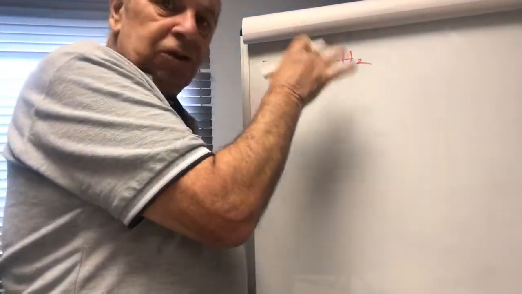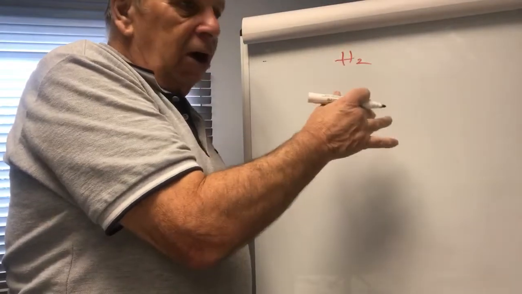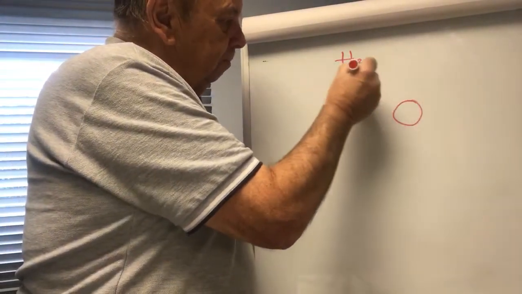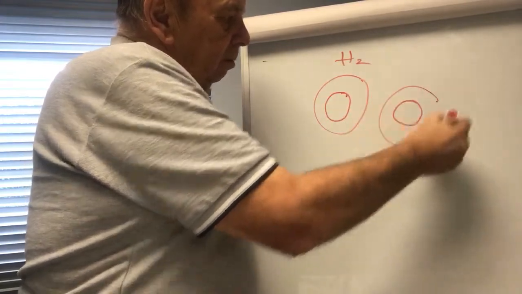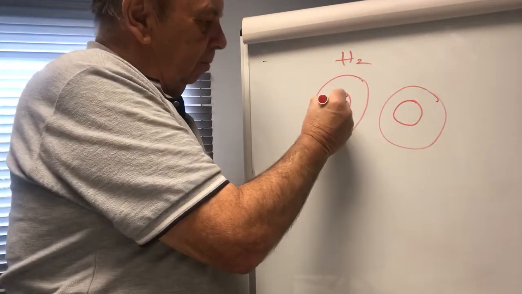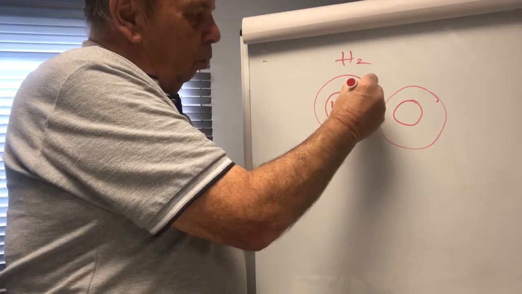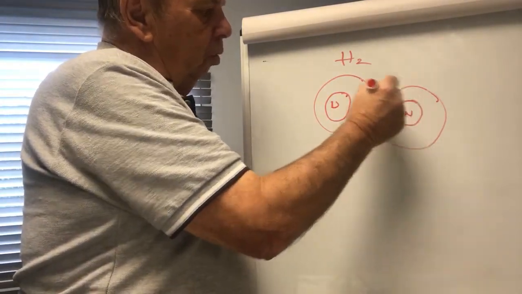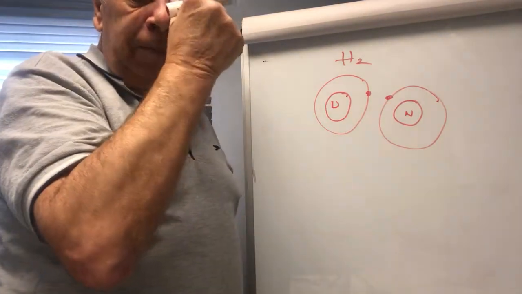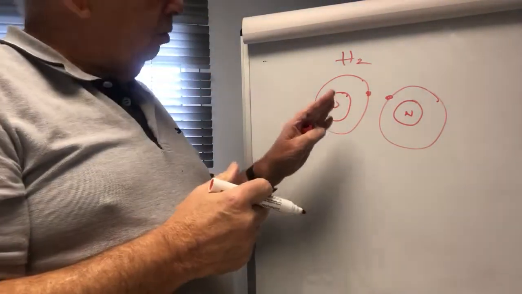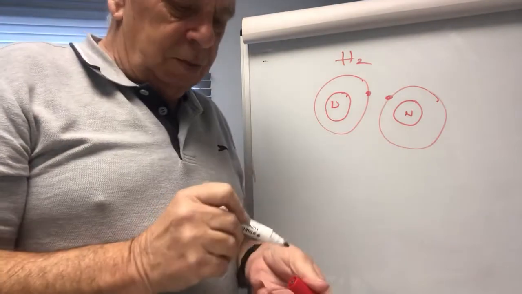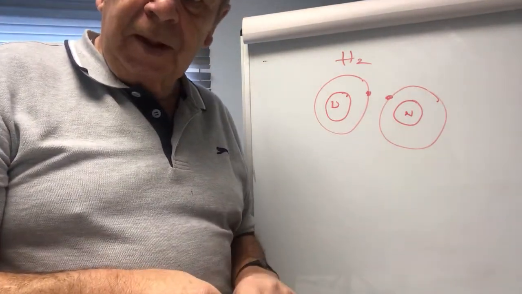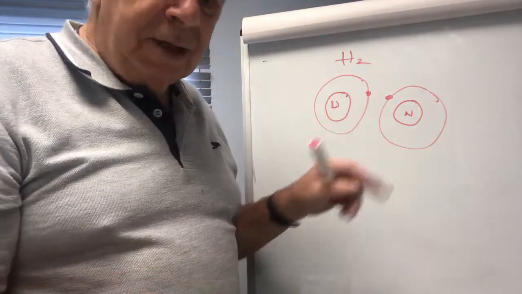It consists of two atoms of hydrogen. Hydrogen's a little boy. There's the nucleus. It contains one electron in the outer shell. There's another one electron. So what happens is, when an atom of hydrogen combines with a second atom of hydrogen, they share those electrons.